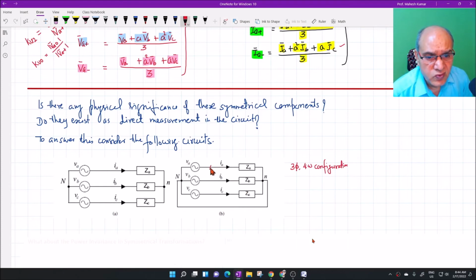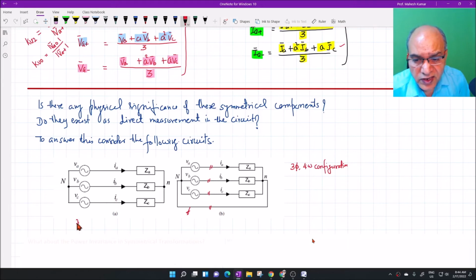There are three phases, 1, 2, 3, and there is a fourth wire, which is called neutral wire. The neutral wire is used to connect the load neutral to the system neutral. And on the way, it may be grounded somewhere. So finally, all neutral becomes grounded.